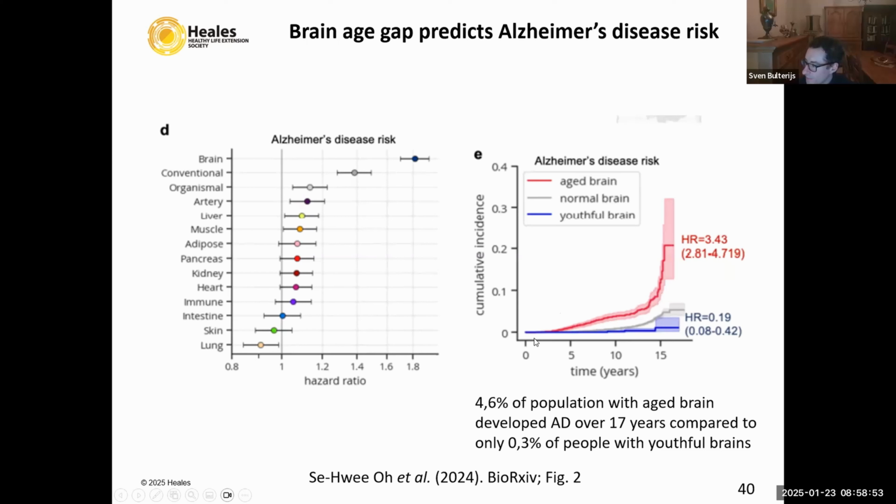What you see here is people who have a normal brain, people who have an aged brain, and people who have a youthful brain, and their risk to develop Alzheimer's disease over 15 years of following up. And you can see that people who have youthful brains almost never develop Alzheimer's disease versus people who have old brains, who are at much higher risk.